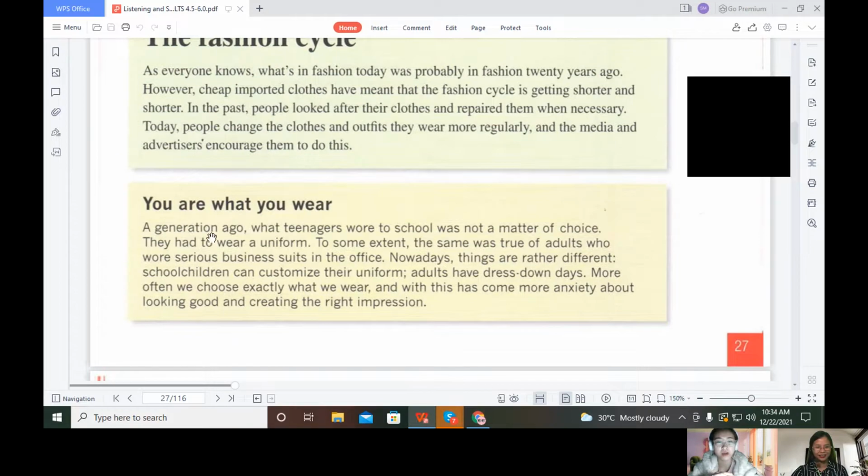You are what you wear. A generation ago, what teenagers wore to school was not a matter of choice. Yeah, it's like me. When I went to school, I didn't care what items I wore, but nowadays I see my cousins or the students here, and the items they wear to school are so fashionable.